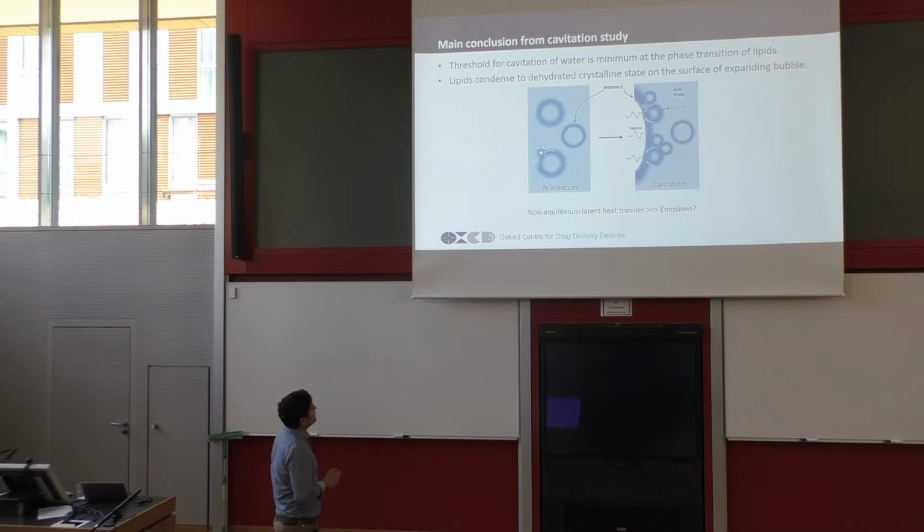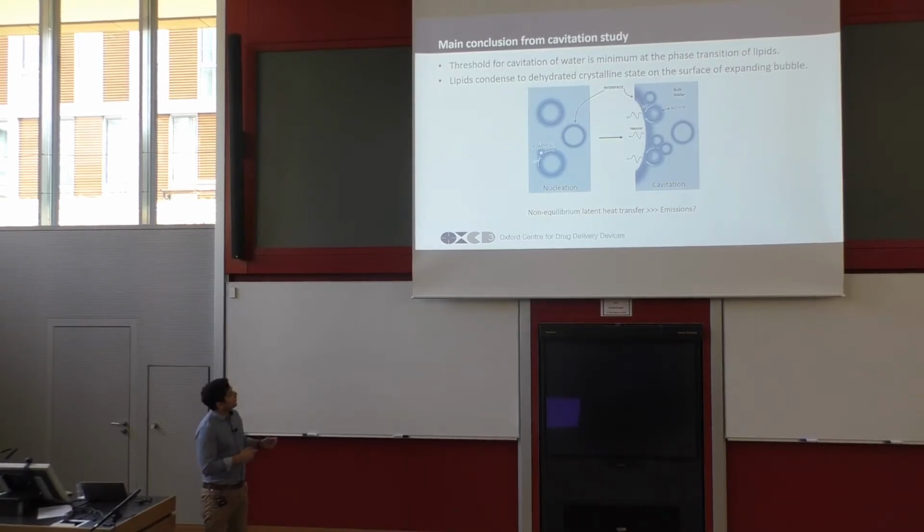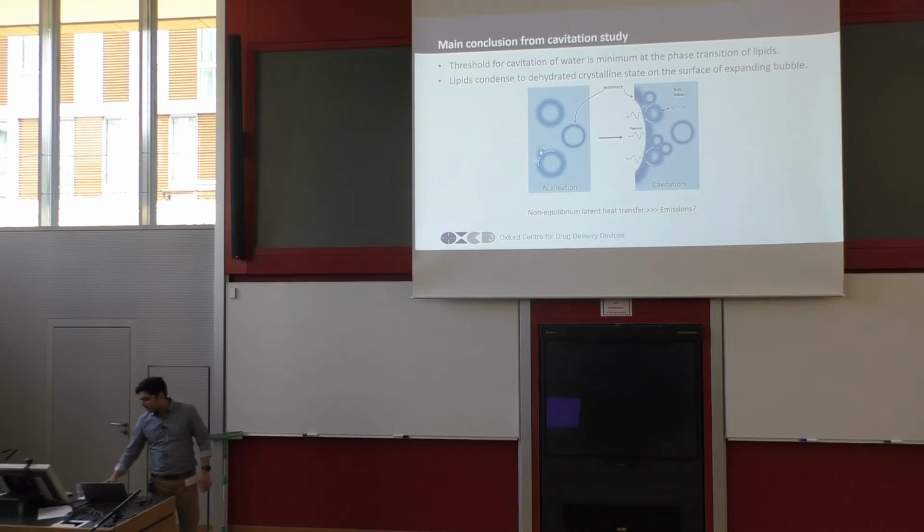We imagine that these two fluctuations interact with each other, and that's why, when your lipids are near phase transition, you get a lowering of the threshold of cavitation. Once one of these nuclei appears, the shock wave latches onto it and expands it violently, and then you have all this piling up on the surface of lipids, heat extraction and so on.